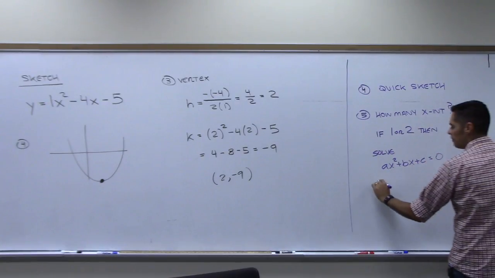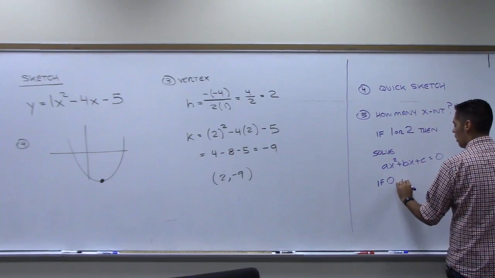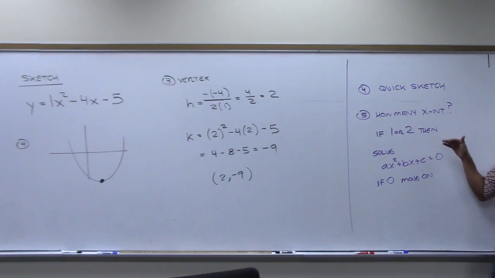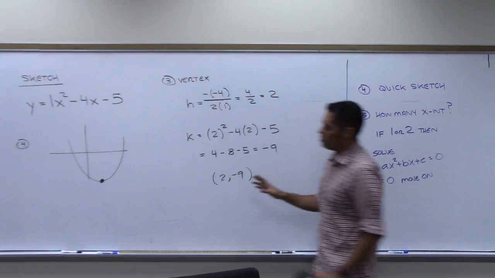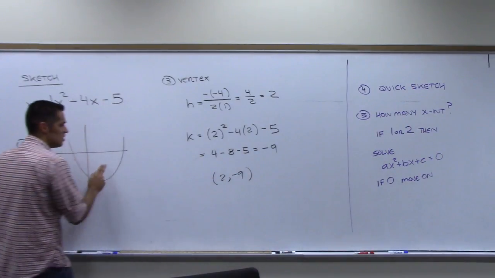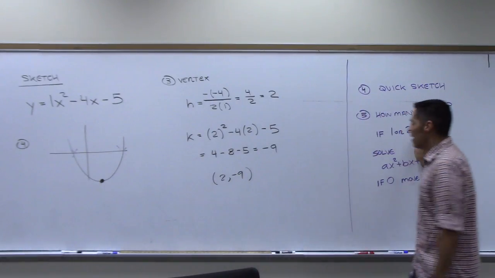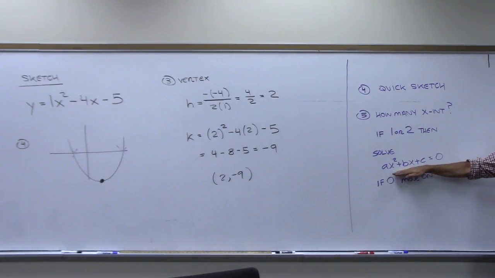If none, move on. So this step is saying, looking at your quick sketch, how many x-intercepts do we have? We said we had 2. If you have 1 or 2, then you actually have to take your quadratic and set it equal to 0.